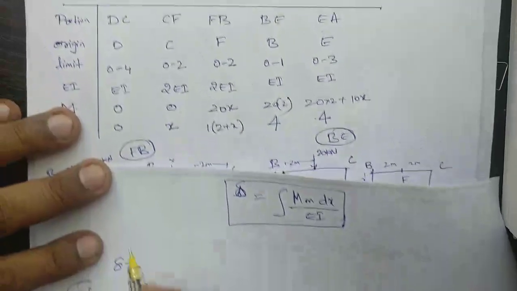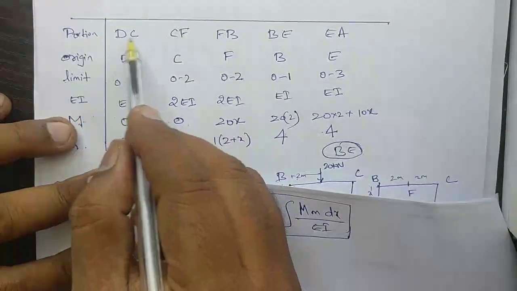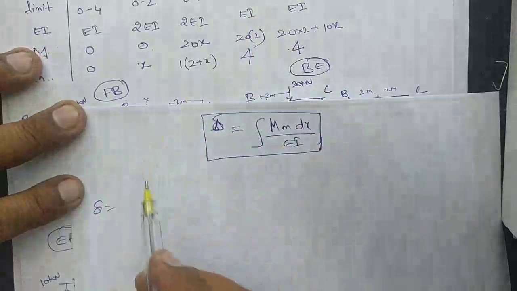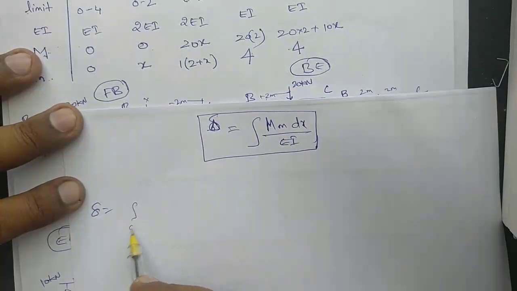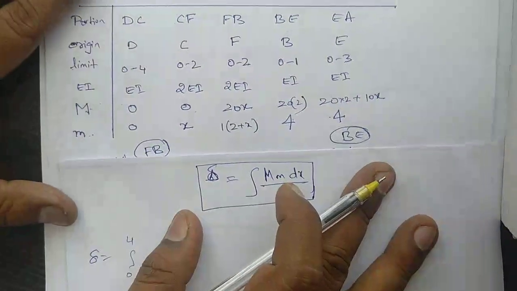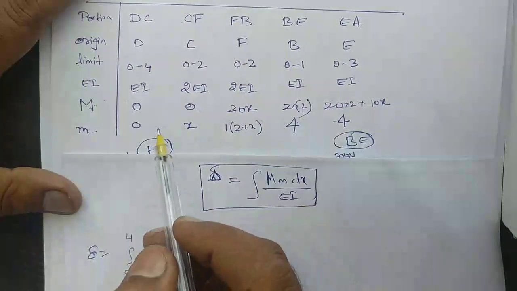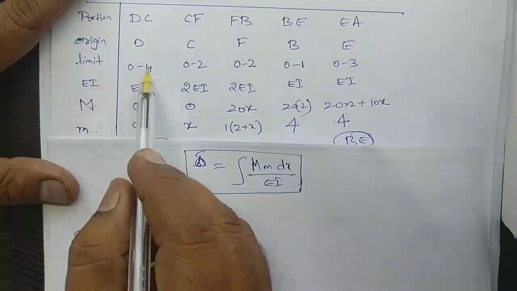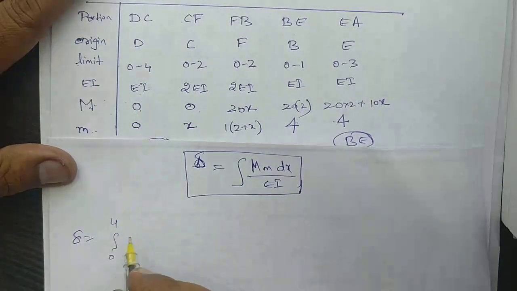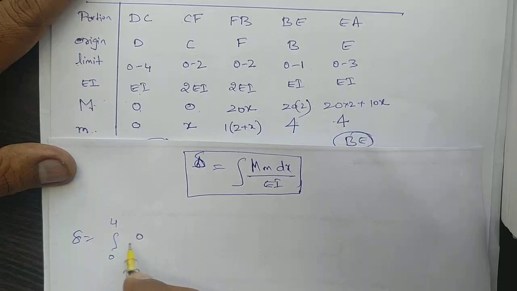Delta is equal to, your first limit is DC and your limit is 0 to 4. 0 to 4 is the limit, and your capital M is 0, small m is also 0. This is 0 into 0 by EI dx.